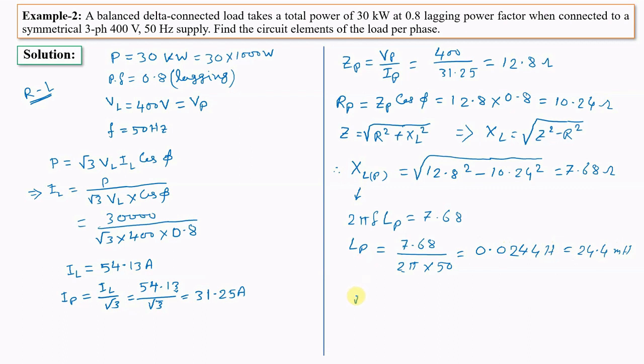Therefore, the answer is the resistance per phase is 10.24 ohms and the inductance per phase is 24.4 millihenry. So this is the answer.